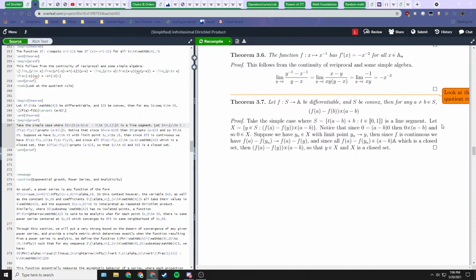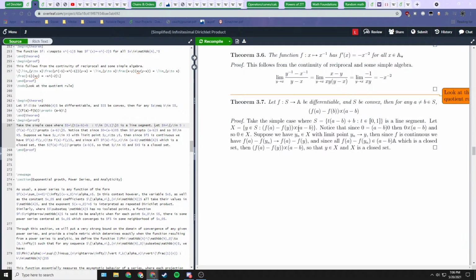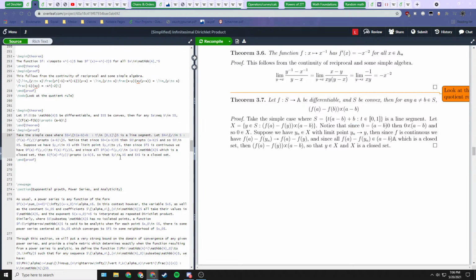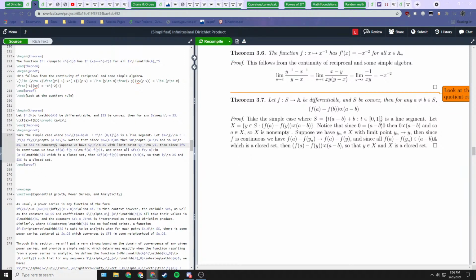Let X be this set where f of a minus f of y is proportional to a minus b. 0 is proportional to a minus b, since we can write 0 equals a minus b times 0, and so a is in X. So X is non-empty because it has a in the set.